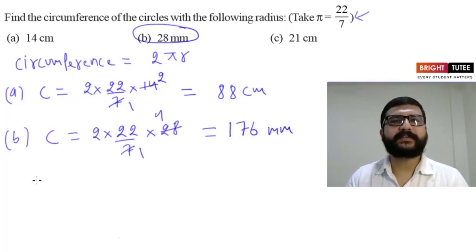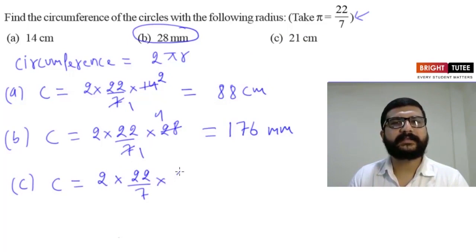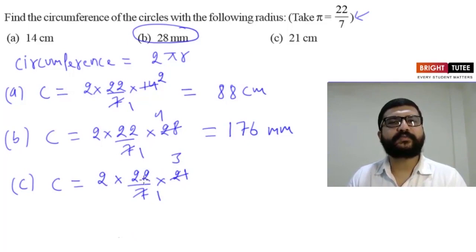Now the last part of the question, you have to find circumference of the circle whose radius is 21 centimeters. So again, by using the same formula 2 pi r, we will get c is equal to 2 into 22 upon 7 into r, and that is 21. Now 7 ones are 7, 7 threes are 21. Now let's again multiply them. 2 into 22, 44.